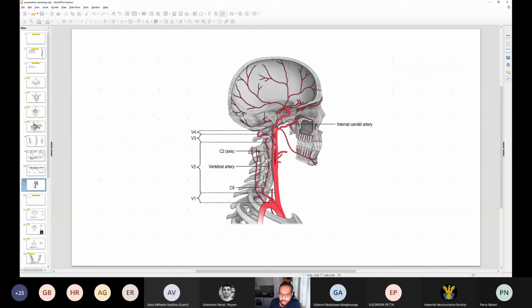So the artery doesn't pass through the C7 transverse process. It starts with C6 and goes all the way to C1.